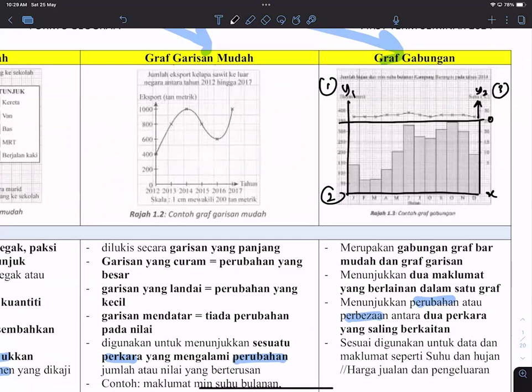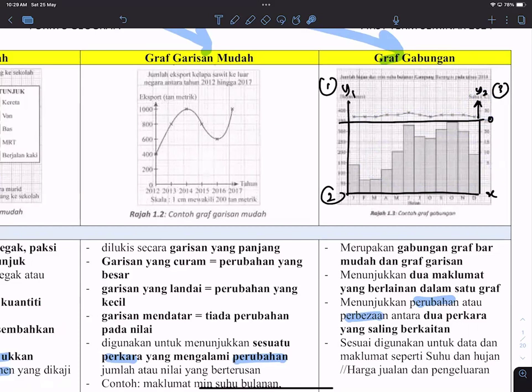But sometimes if you try to refer to the jadwal, you are going to realize the mean suhu tahunan usually for graph gabungan is always the suhu and then the hujan below, always for the iklim. But if you look at the iklim katulistiwa, if you can recall from your Form 2 or Form 3 syllabus, iklim katulistiwa means suhu tahunan yang sama rata, which means hampir sekata, almost 26 to 29, always within the 3 degrees Celsius differences.